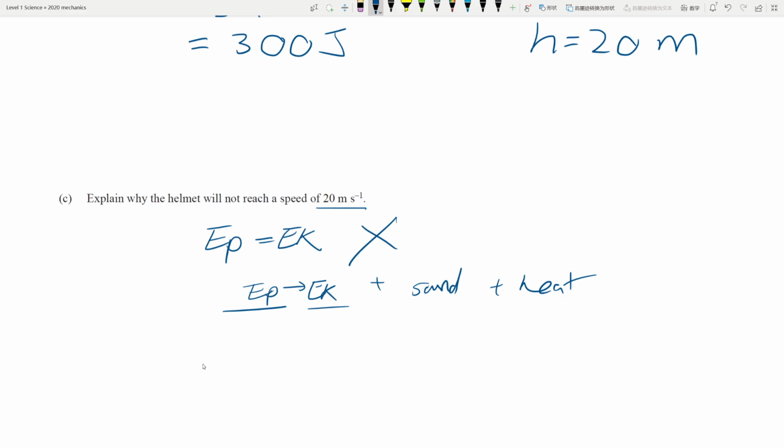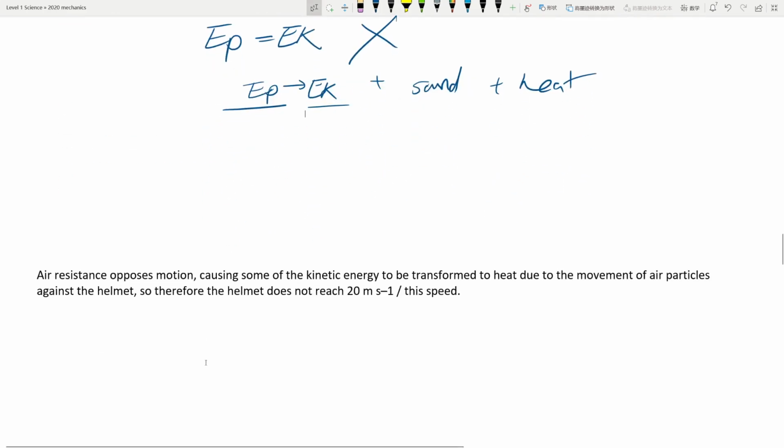So you're not going to reach 20 meters per second. Because air resistance happens, some of the energy will be transferred to heat and obviously to sound. As it lands, it will not reach 20 meters per second. Very, very popular question. Make sure you get on top of that.